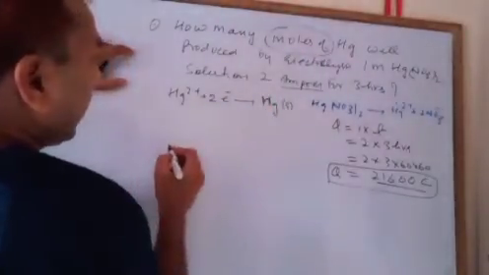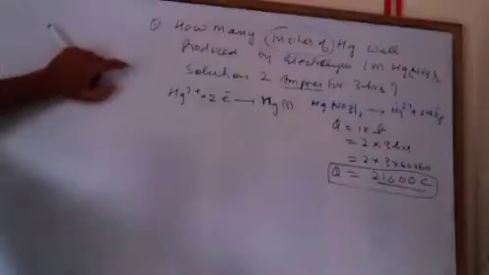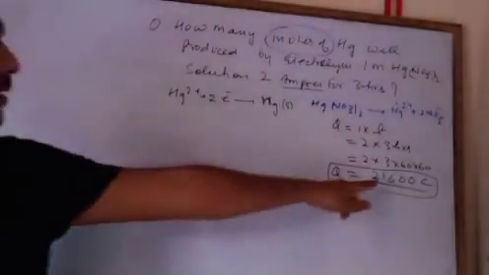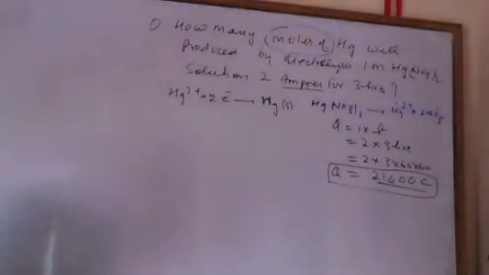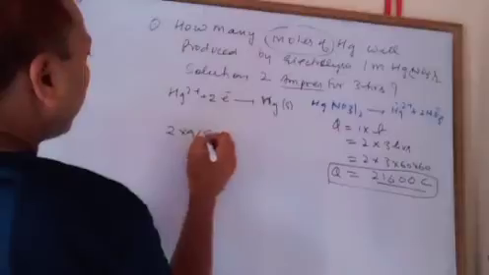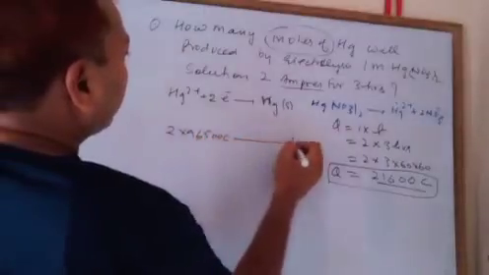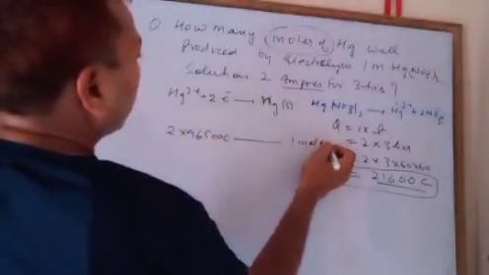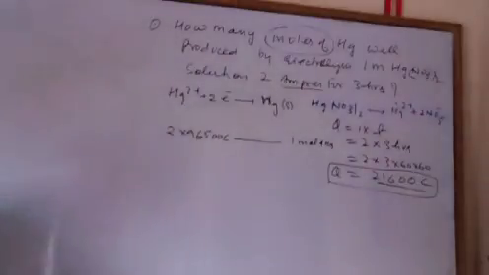So 2 Faraday, clear? And the charge is 21600. So 2 Faraday, that is 2 into 96500 coulomb, contains 1 mole of Hg.